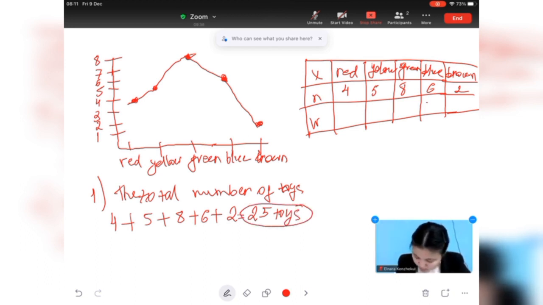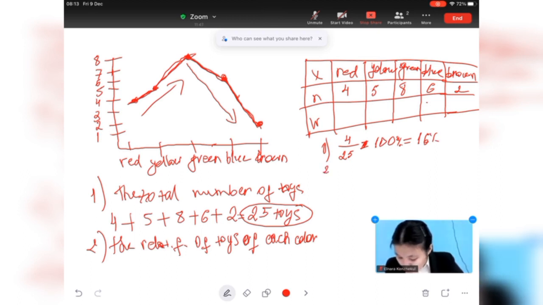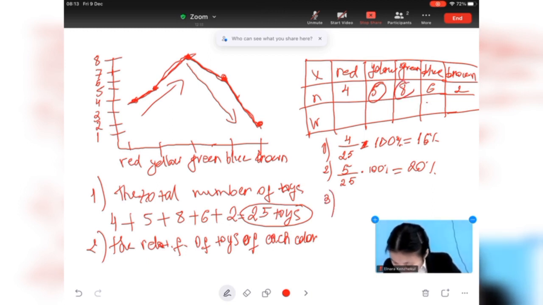First, red: 4 over 25. Second, yellow: 5 over 25 multiplied by 100% equals 20%. And third, green: 8 over 25 multiplied by 100% equals 32%.